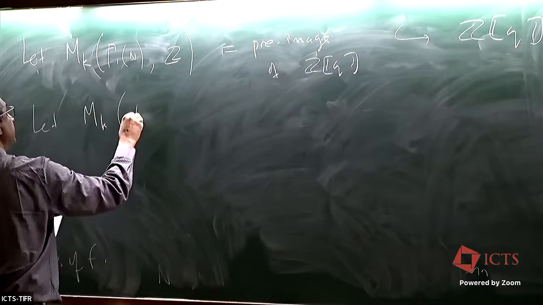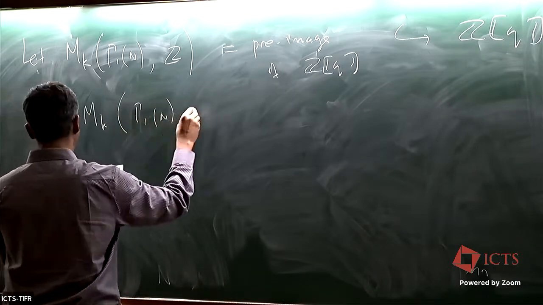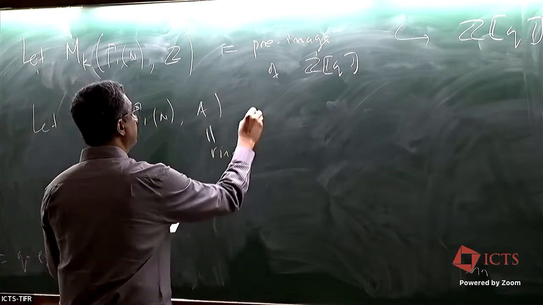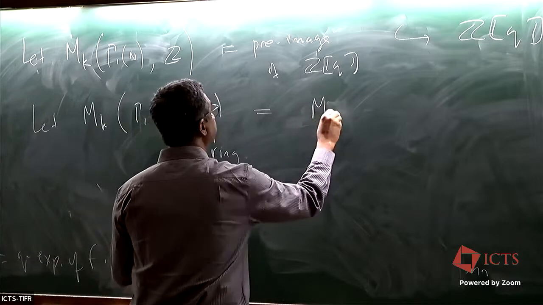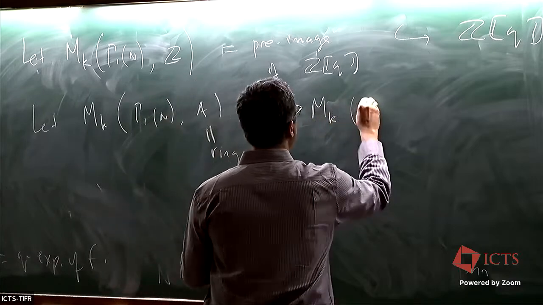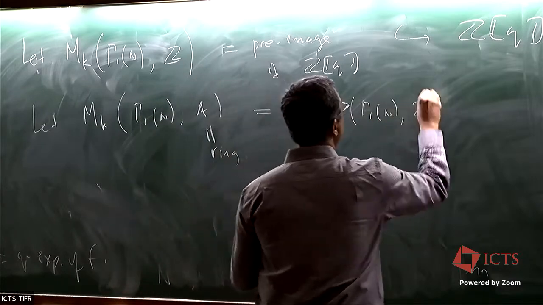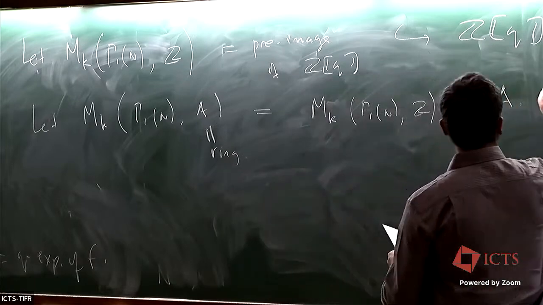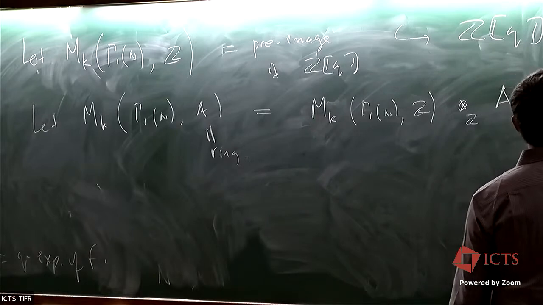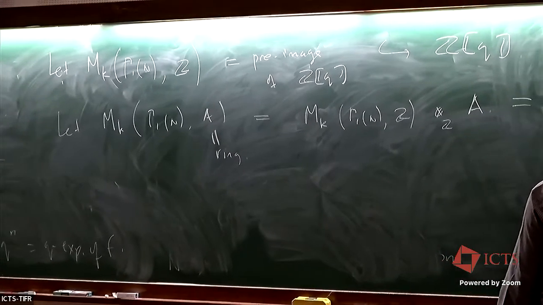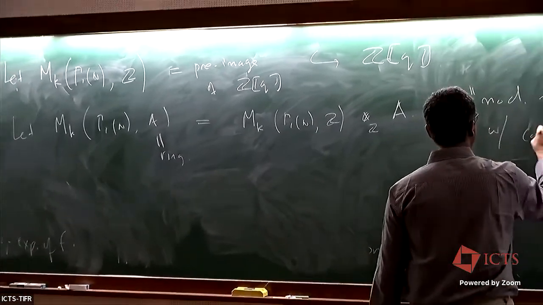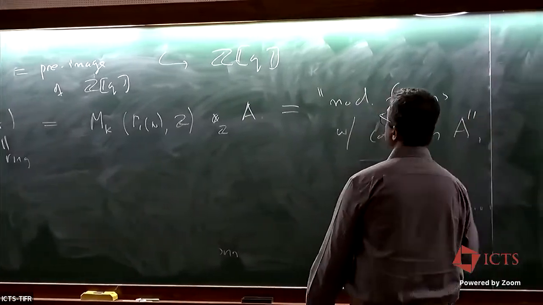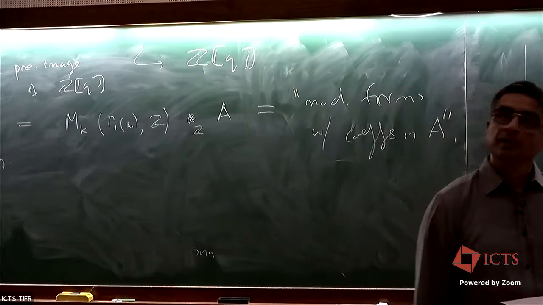Now, similarly, you can talk about modular forms with coefficients in any ring A just by tensoring the previous line with A. As I said, these are going to be called modular forms with coefficients in A. It's just a definition.